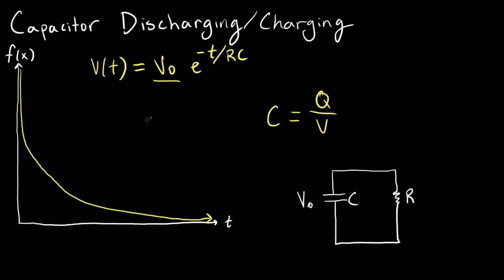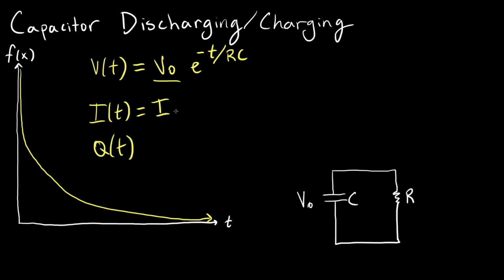A bigger C will cause this exponential to decay longer. And luckily, the equations for current and charge through this capacitor are also the same: I naught e to the negative t over RC, and Q naught e to the negative t over RC.